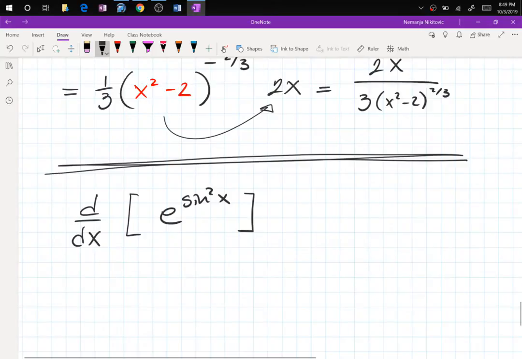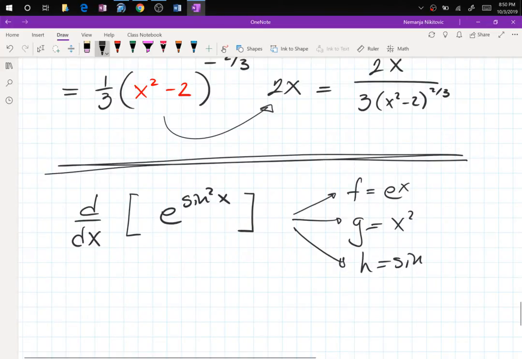How many functions? 3. F is e to the x. G is x squared. And then h is sine x, nice.